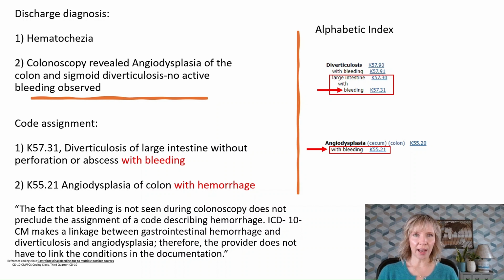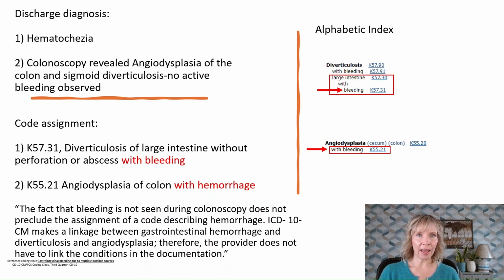The discharge diagnosis is hematochezia, and the colonoscopy revealed angiodysplasia of the colon and sigmoid diverticulosis. No active bleeding was observed. Hematochezia is a form of GI bleeding, so because the provider clinically diagnosed GI bleeding and ICD-10 makes a linkage between gastrointestinal hemorrhage and both diverticulosis and angiodysplasia, each of these conditions should be coded as with bleeding.